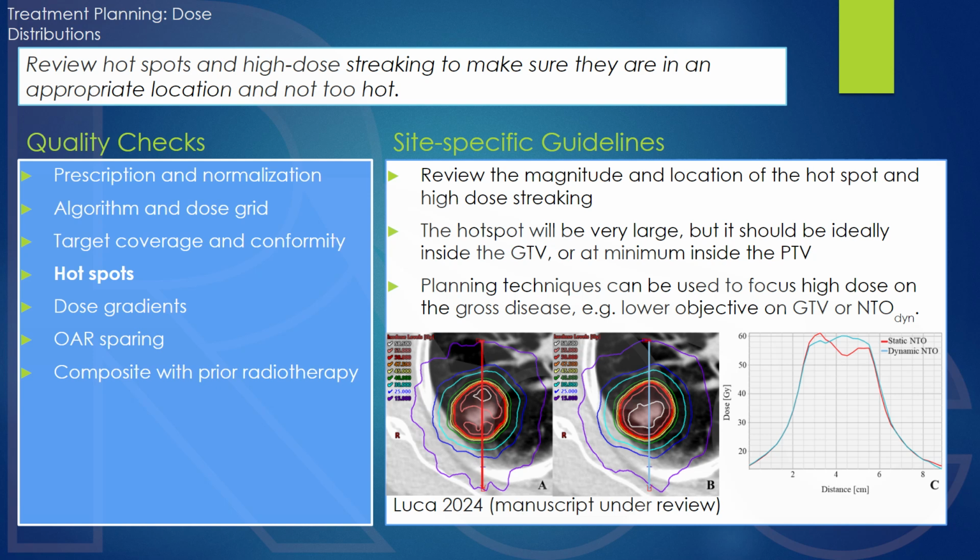And all I want to point out is that using these techniques, it's possible to concentrate that high dose on the gross disease as shown in figure B, and as compared to an optimization strategy that has high dose inside the PTV, but not on the gross disease as shown in A at left.